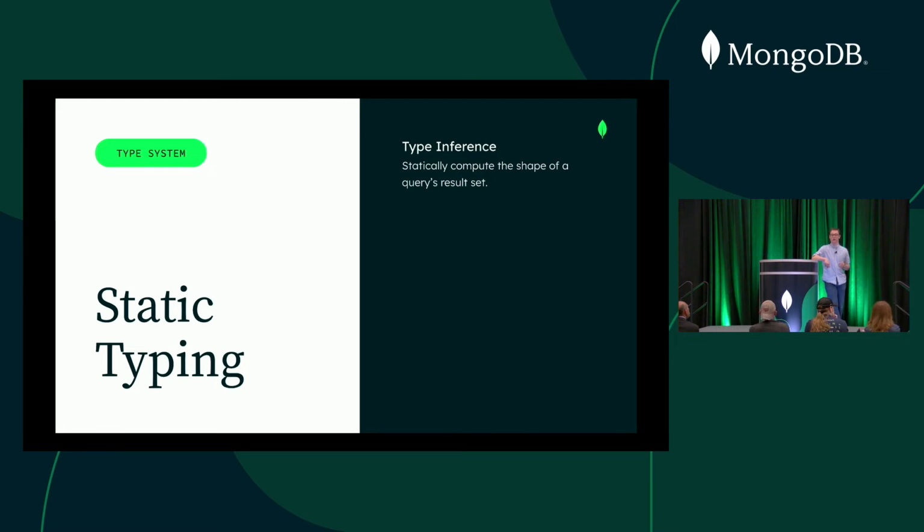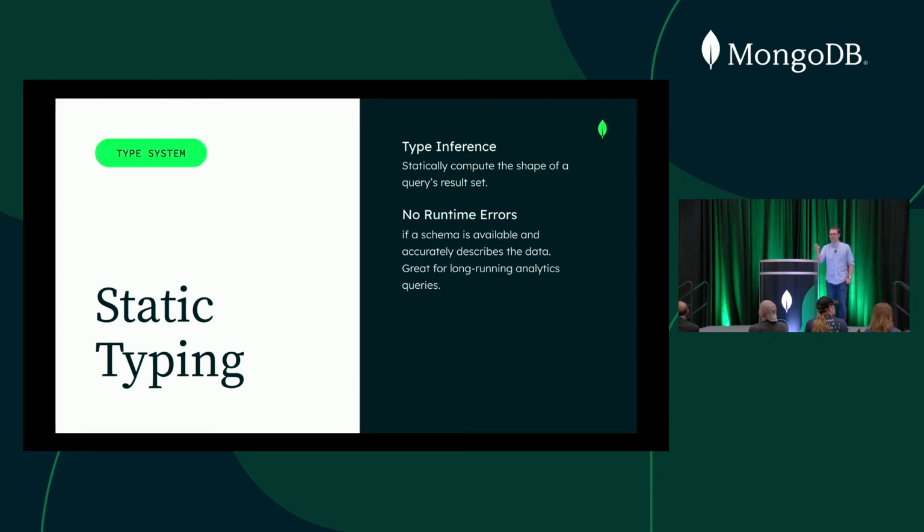We just talked about how Atlas SQL uses this to implement the SQL get result schema method in the Atlas SQL interface. In fact, without static typing, it would be effectively impossible for us to correctly implement the JDBC get result set metadata method because we'd have to iterate through the entire result set of the query and empirically observe the schema, which is impractical to say the least.